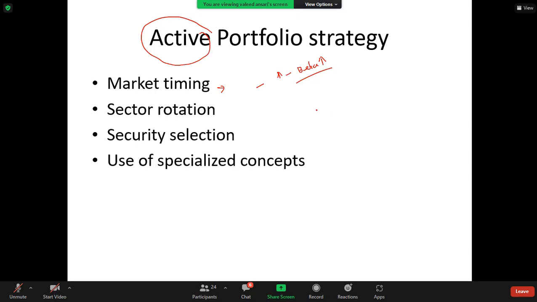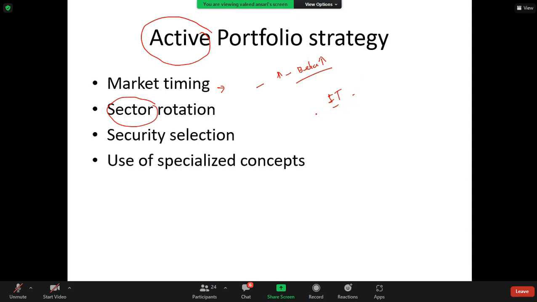If you move securities in line with the market and time it right, those stocks which have high risk will give you the benefit when the market is moving up. But it may go otherwise. So market timing is one method used. Then they also rotate investments according to sector. For example, certain sectors like IT, they try to shift to infrastructure and others.